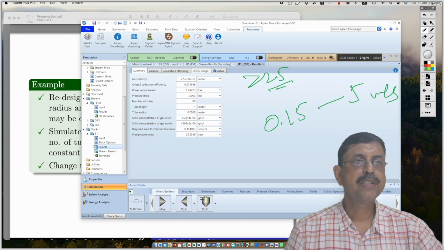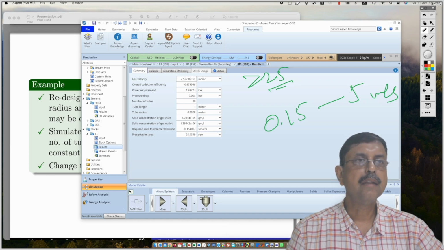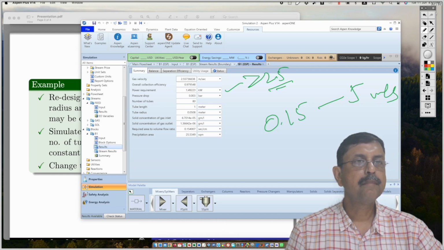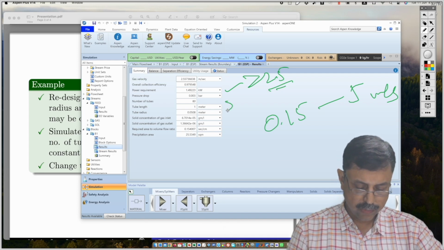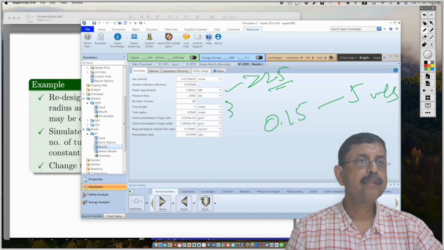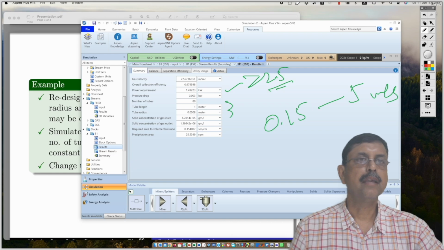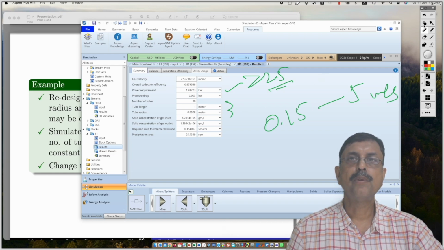The collection efficiency has reduced from 99.5 to 97.9. Power requirement is more or less the same and the pressure drop is 3 millibar. These are the things that we have fixed ourselves, nothing to see about that. Okay, so this is the simulation problem.